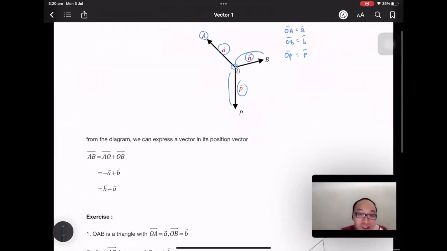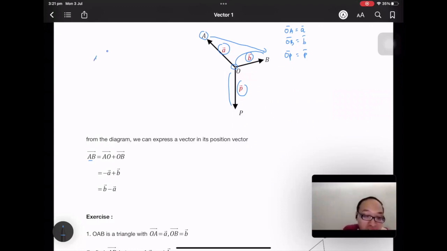From the diagram, if we want to find AB, how do we find AB, from A to B, using the geometric method?